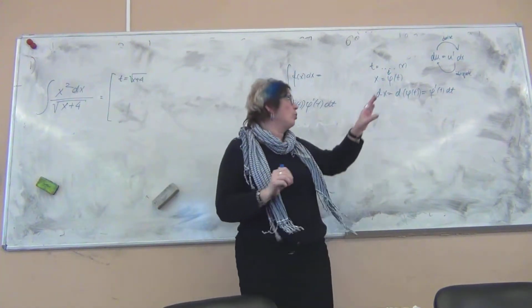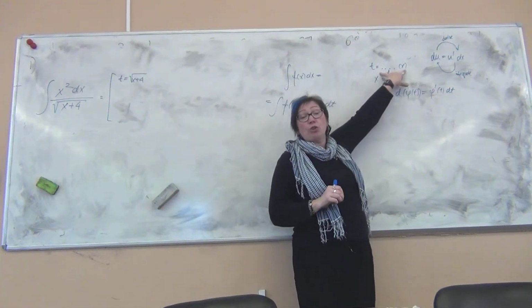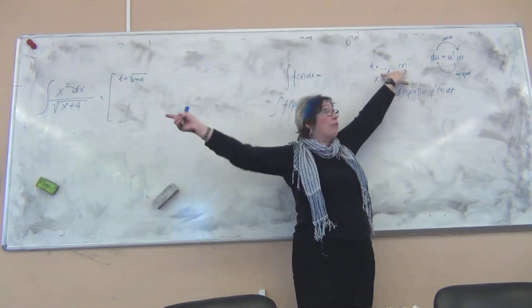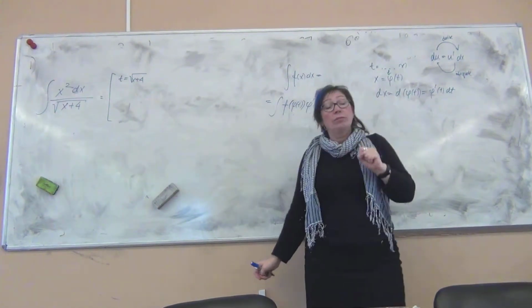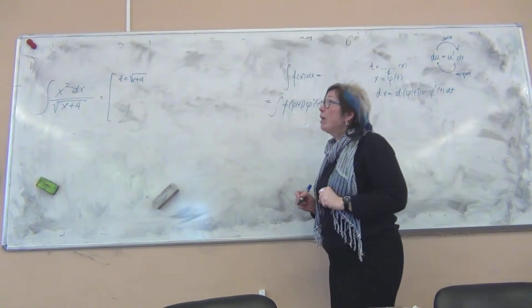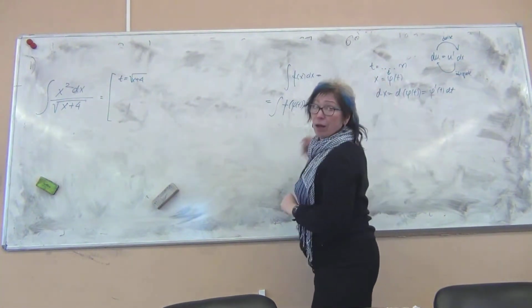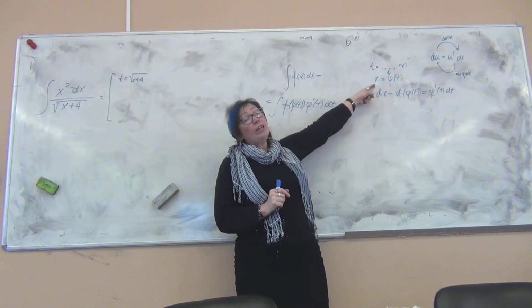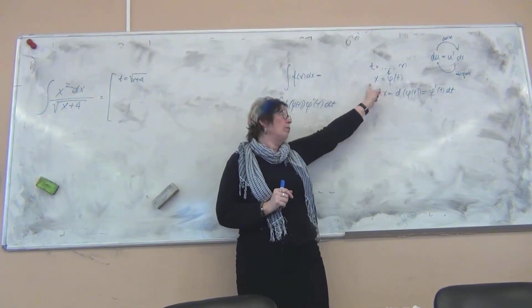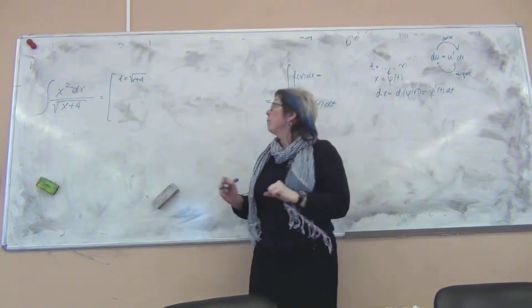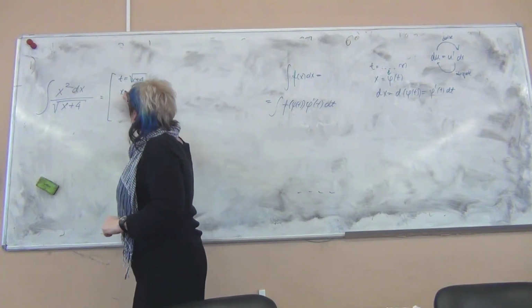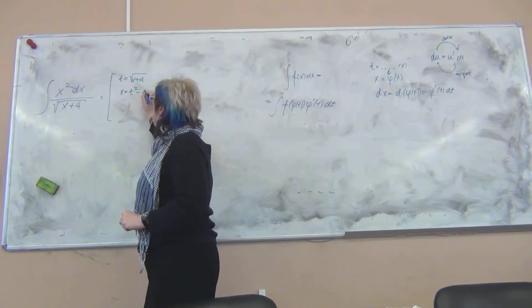Again, it corresponds to choosing a substitution. Some part of the original function is chosen to be replaced by t. Now the next part, we express x from there, so x becomes a function of t. In this case, x will become t squared minus 4.